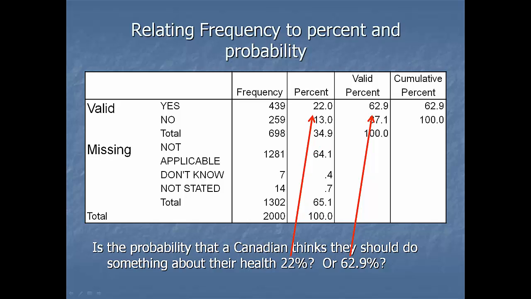Here we have 64%, and these are straight ahead percents, and then here the valid percents ignore the missing. Which is the more correct percentage of people who think they should do something to improve their health? If we were in class, we'd have a little discussion about that, but I want you to think about that by yourself.